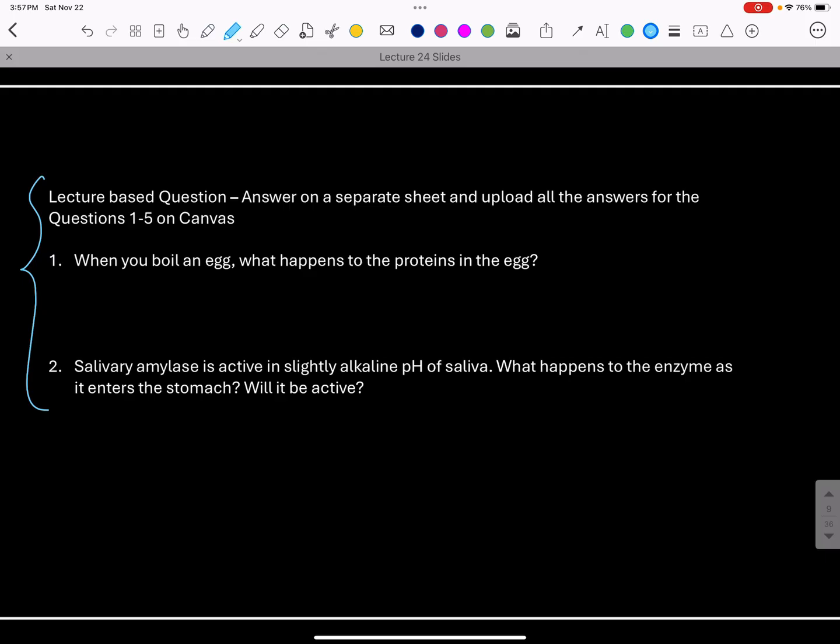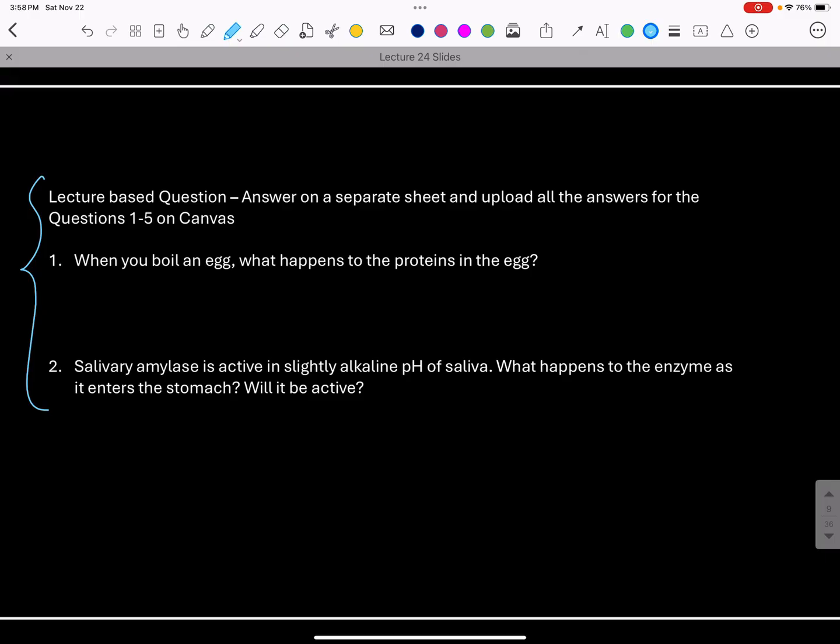The first question here is, when you boil an egg, what happens to the proteins in the egg? You can pause the video, write it down, and then come back to the video.